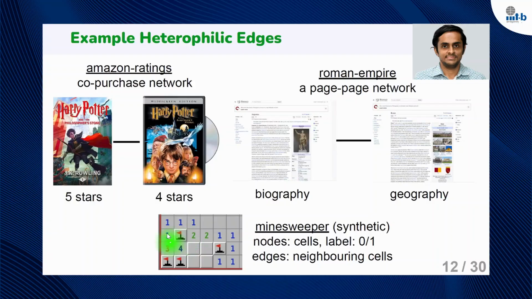Whenever there is a mine, they tend to be connected. You can see that. So it's a heterophilic relationship. So these are the 3 data sets that we examined in our research work, the heterophilic data.